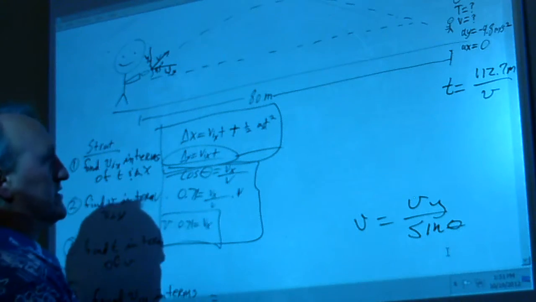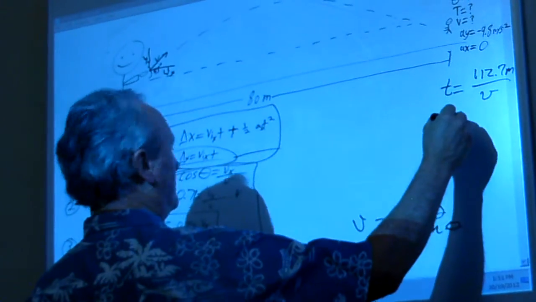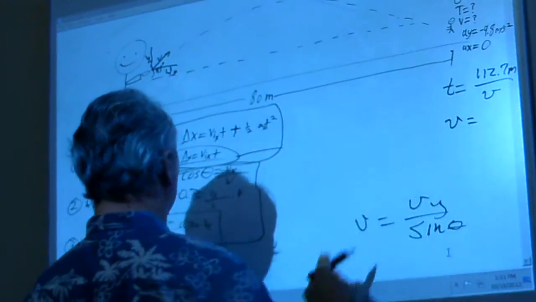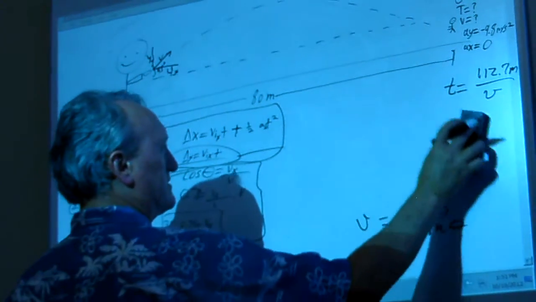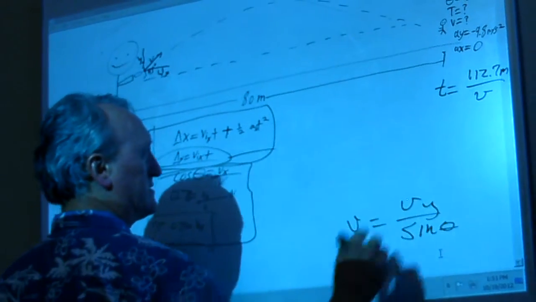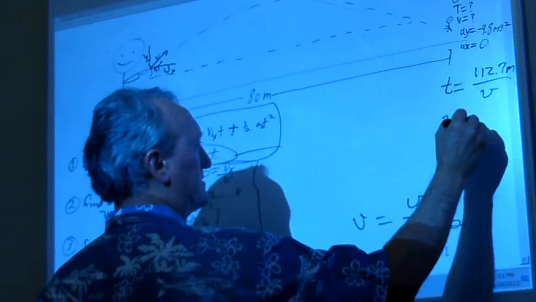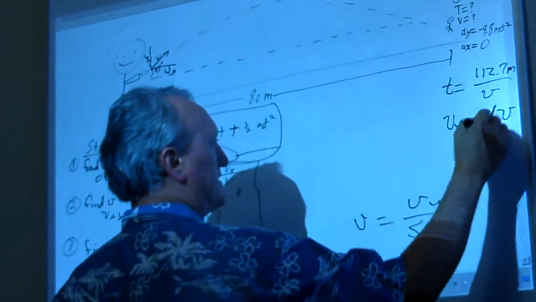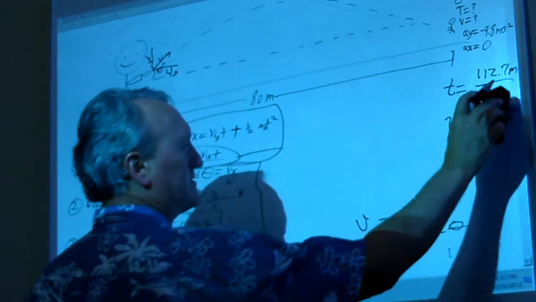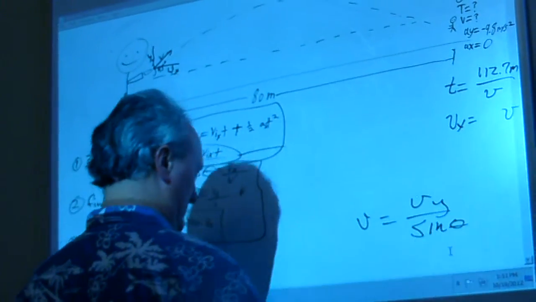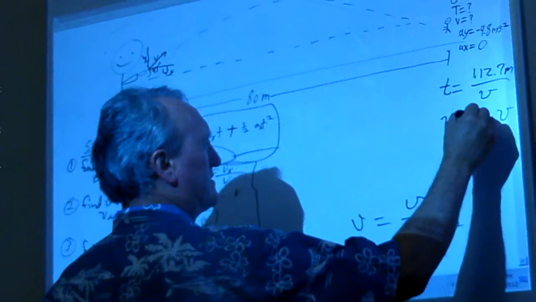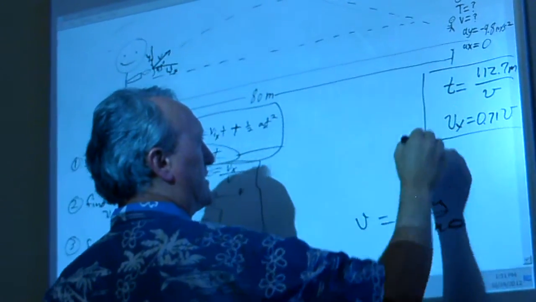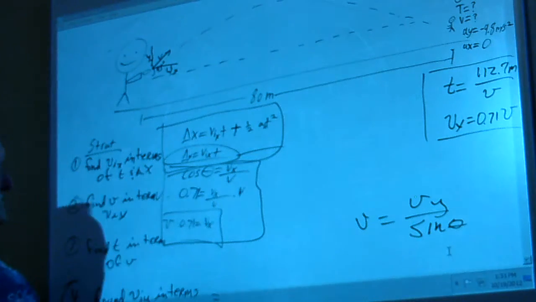So let me just transfer. We had V. Vx equals 0.71 times V, right? I'm narrowing down the things that we know.